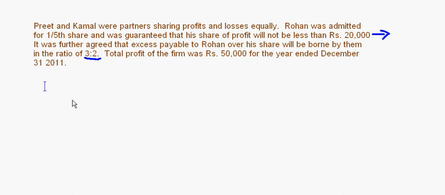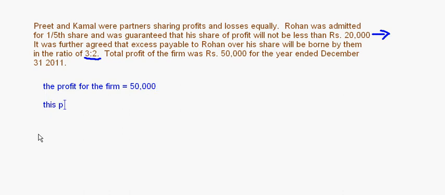Now first of all, let's see what calculations we have to do in this. It has been given that the profit for the firm is equal to 50,000.